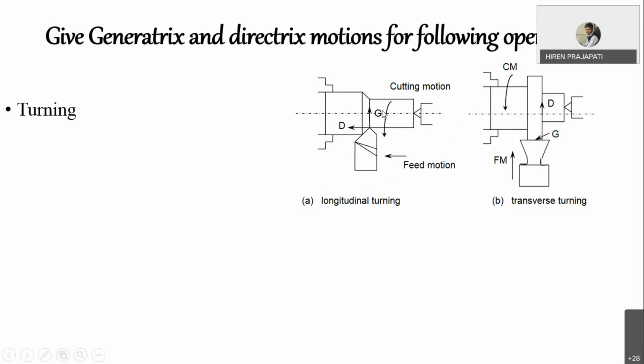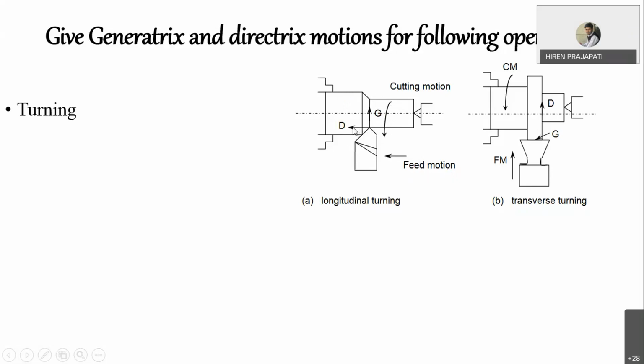Here you can see, if I don't rotate the workpiece, then shearing will not take place. Clear? That's why this rotation of the workpiece by the chuck is called a generatrix, because that actually causes shearing. Now I want to further extend this shearing along the longitudinal direction, so I give feed to the single point cutting tool.